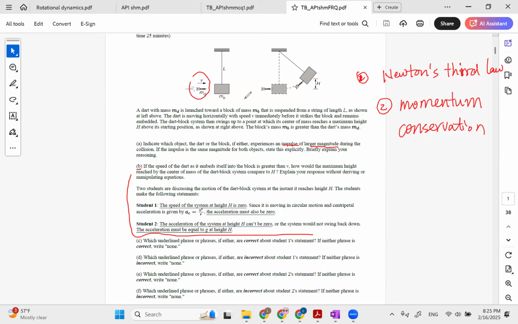So higher speed means higher kinetic energy, which will be converted into potential energy. Like Richard, you are using the equation, that's fine too. Sometimes if you don't know how to explain, you can use the equation to help you explain. Just don't leave anything empty, right? You good?